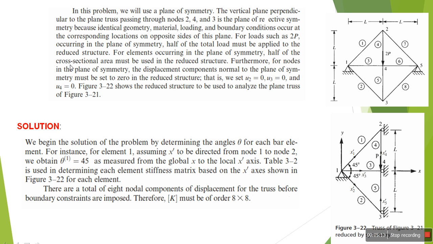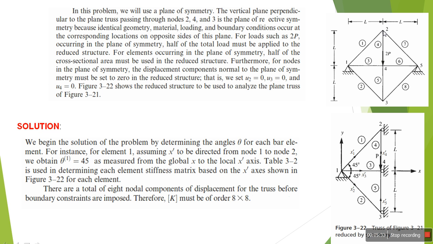Furthermore, for nodes in the plane of the symmetry, for example, nodes 2, 4, 3, the displacement components normal to the plane of the symmetry must be 0 in the reduced structure.